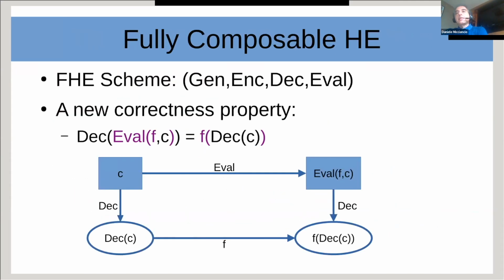Now, this leads to a different definition, what I like to call fully composable homomorphic encryption, which is very similar to the previous one, but with a twist.